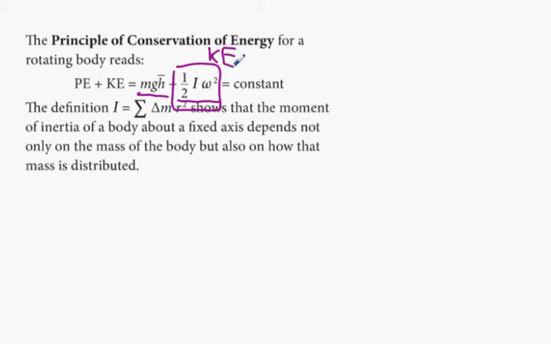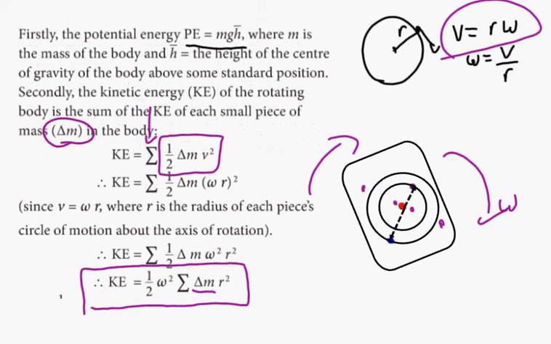Next thing we have to figure out is what on God's green earth does I mean. If you look at the last slide, we figured out it was a half omega squared. This part here is the I value.